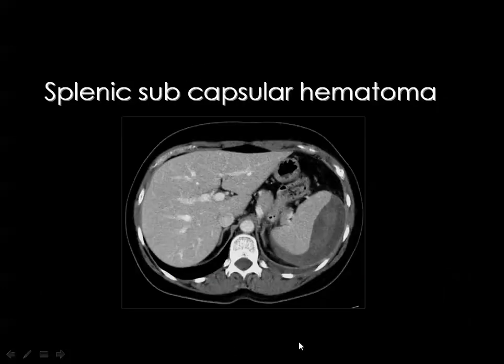And of course, the subcapsular hematoma can occur in the liver, in the spleen, and in the kidney without a clear evidence of laceration. And here you can see the splenic parenchyma is almost intact, and there is a big hematoma which is taking the confinement or the contour of the spleen, as you can see here.